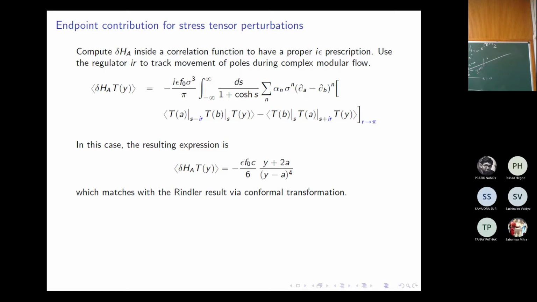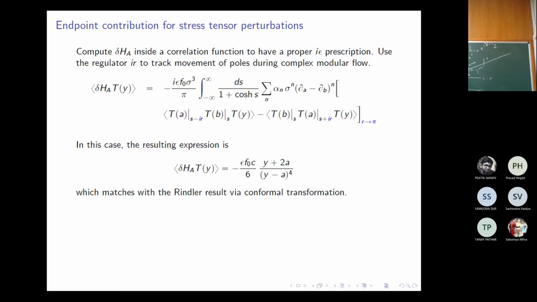I have to identify this GA and GA bar and plug it in Sarosugajin to find it. But doing it for higher modular weights will become difficult. So I am anyway going to show you a formalism where I would write G as GA plus GA bar, and then I will apply that in Sarosugajin and do the whole thing, because it's just technically difficult for higher modular weights. So this is why I'm skipping, because similar technicalities will also appear here.